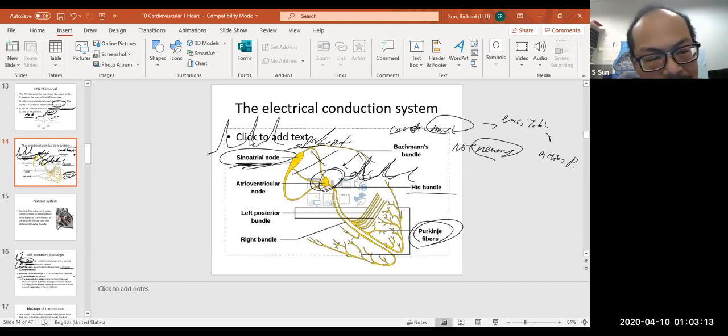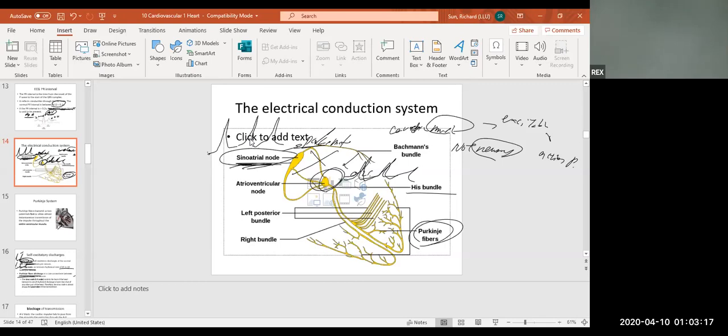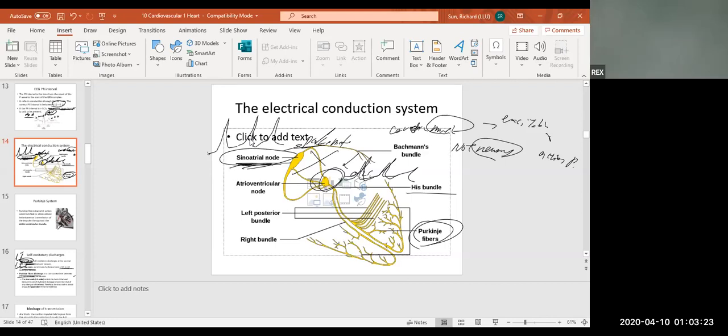Yes, got a question? So you said if the SA node fails, the AV node will step in and take over, and if the AV node fails, the Purkinje fibers could take over. That's right. So the heart can still pump and do everything it needs to do just off of the Purkinje fibers? The other two can completely be dead, and you can just survive off of that?